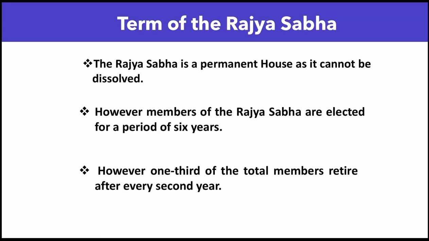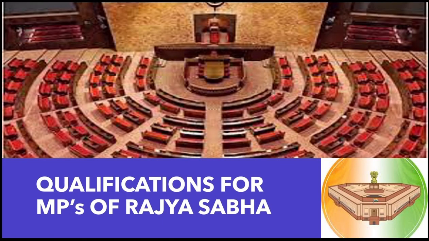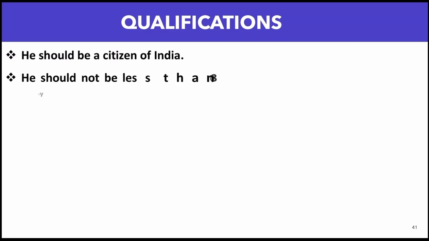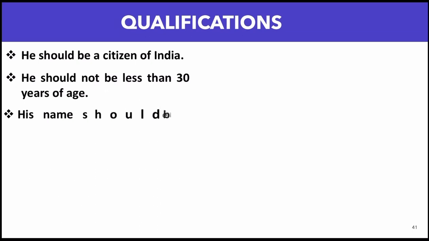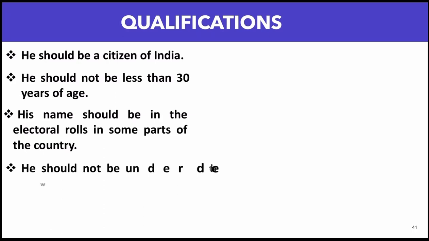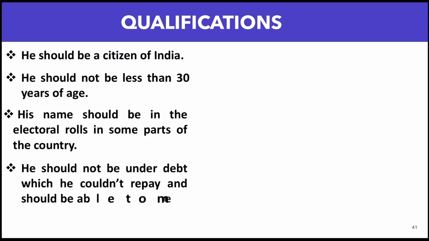Now let's understand the qualifications of a member of Rajya Sabha. Number 1, he should be a citizen of India. Number 2, he should not be less than 30 years of age. Number 3, his name should be in the electoral roll in some part of the country. Number 4, he should not be under any debt which he couldn't repay and should be able to meet his or her financial requirements.